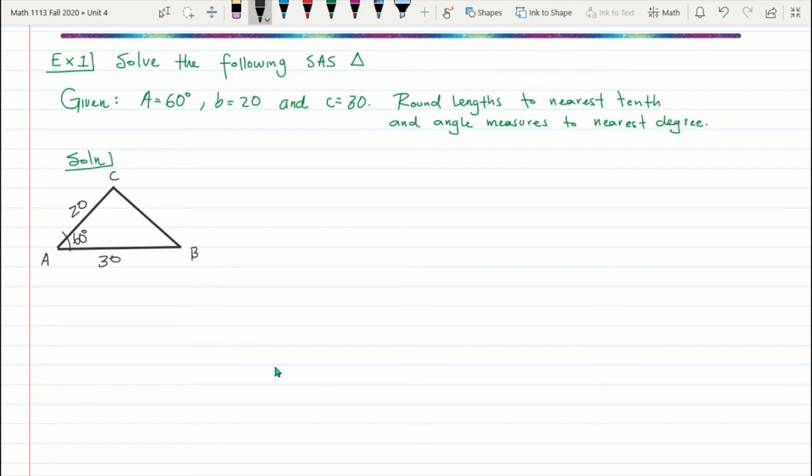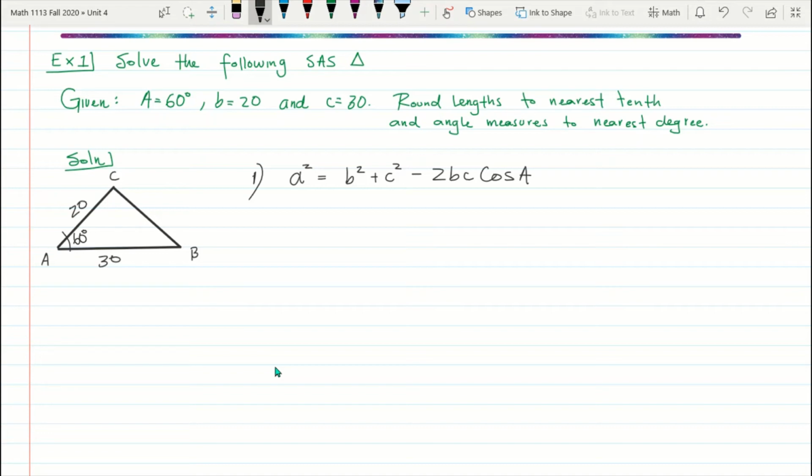So first thing we want to do is find A. So A squared is equal to B squared plus C squared minus 2BC cosine of A. That's the definition that we're going to use.